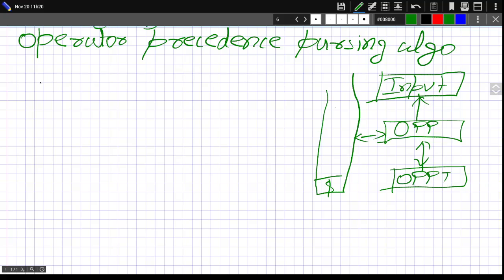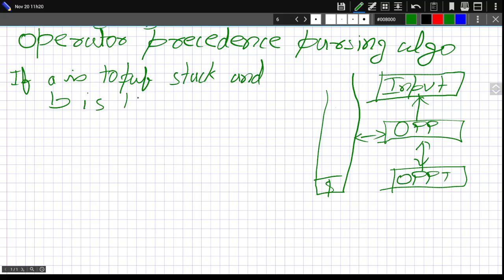So let us start with this: suppose A is the top of the stack and B is the lookahead symbol. Okay. Then what are you going to do? You will see the conditions.